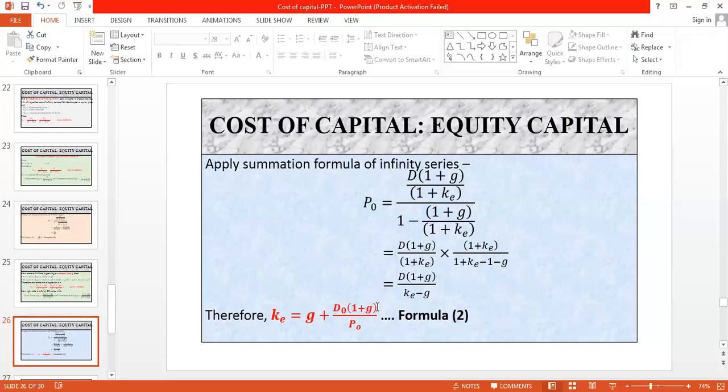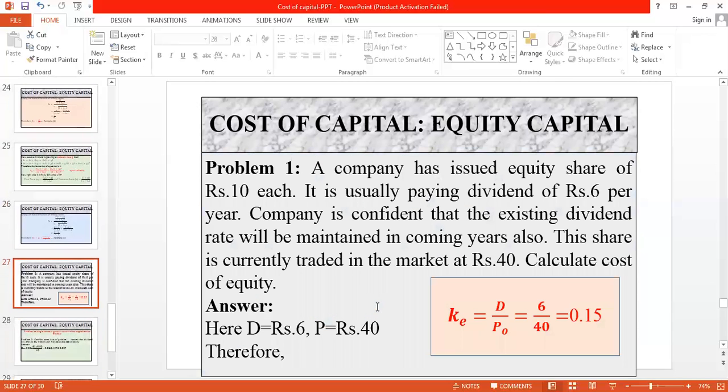So ultimately, your formula number 2, where we are assuming a constant growth in the dividend, the cost of equity is equal to G plus D1 by P0. So now we have developed the formula. So we are now ready to solve the problems one by one.